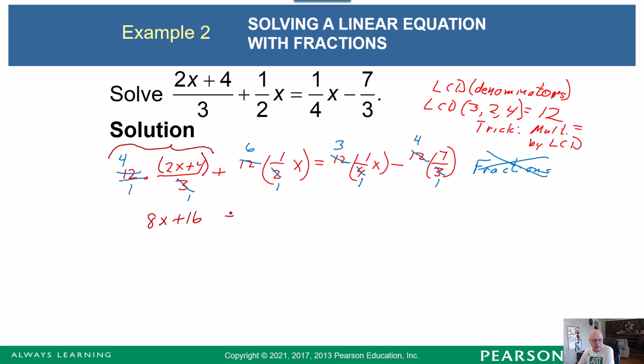Next part, I'm going to separate these artificially. We've got 6 times x. So 6x, looking better, isn't it? Equals, on the other side, I've just got 3 times x, 3x, and 4 times 7. Remember, we've got a minus here, minus 28.